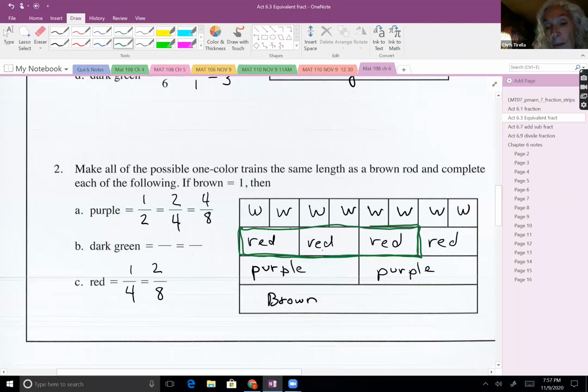And so if I were to superimpose a dark green over this, wouldn't the dark green be like 3 of the 4ths, or also equivalent to 6/8? Yes, no, maybe. Okay, great.